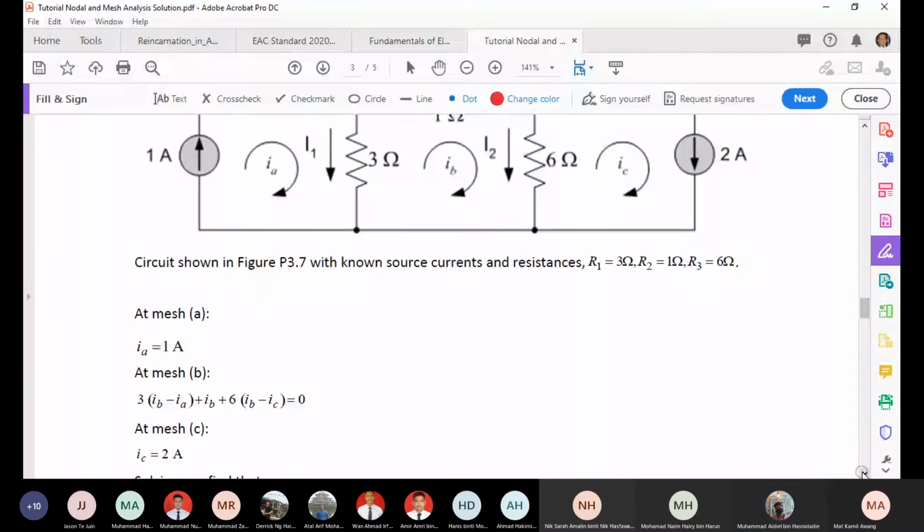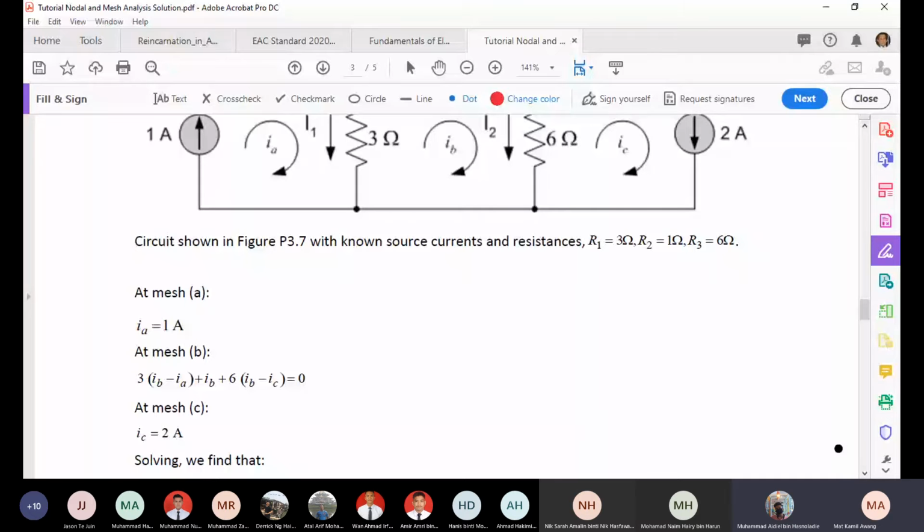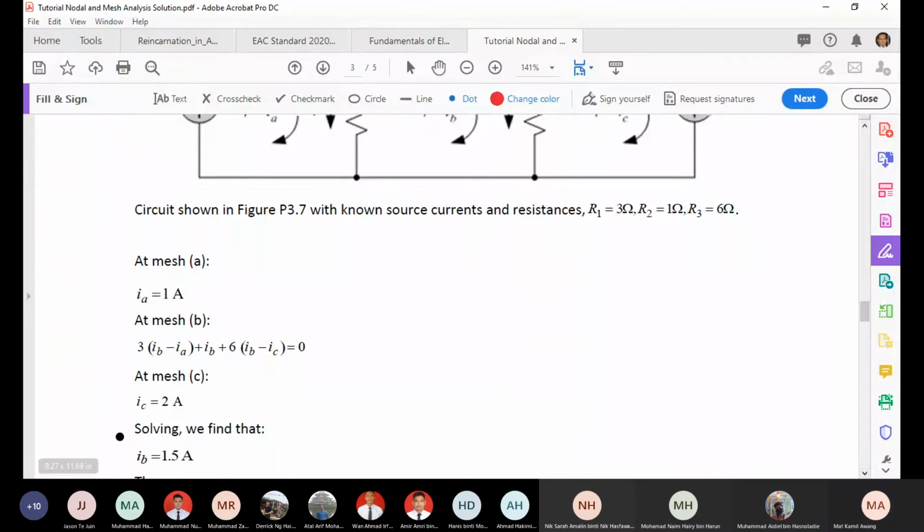From this you substitute IA and IC into the equation and you get IB, which is 1.5 amps.